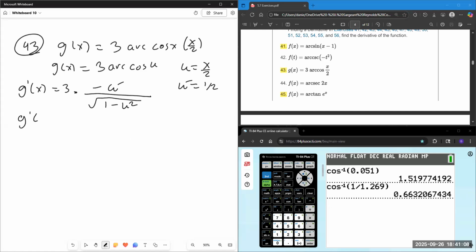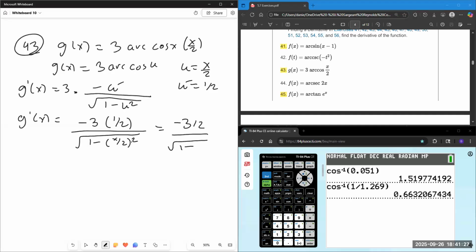So g prime of x is negative 3 times 1/2 over root 1 minus (x over 2) quantity squared. Negative 3/2 over root 1 minus x squared over 4.